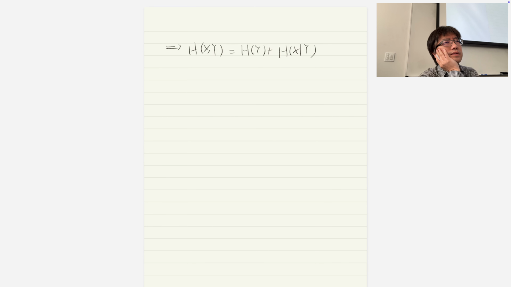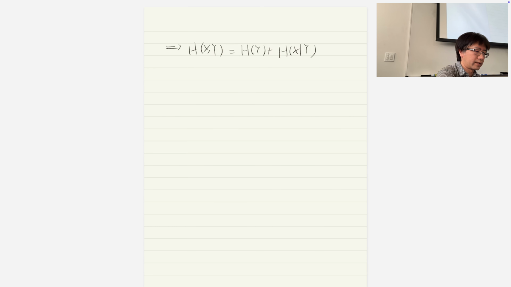We can say it another way: the joint entropy equals H(Y) plus H(X given Y). I hope all of you can remember that. It's really easy to remember. How do you remember this? Just the Bayes rule.